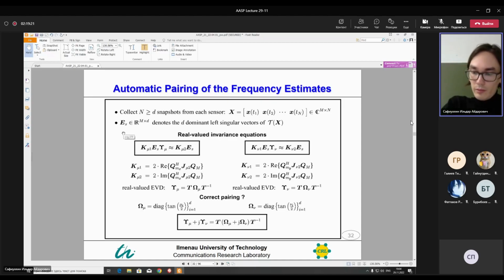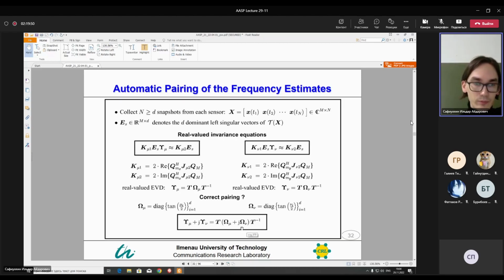So we multiply epsilon sub nu with j and sum it up with epsilon sub mu. And then we'll have these, let's say, complex valued eigenvectors, eigenvalues.